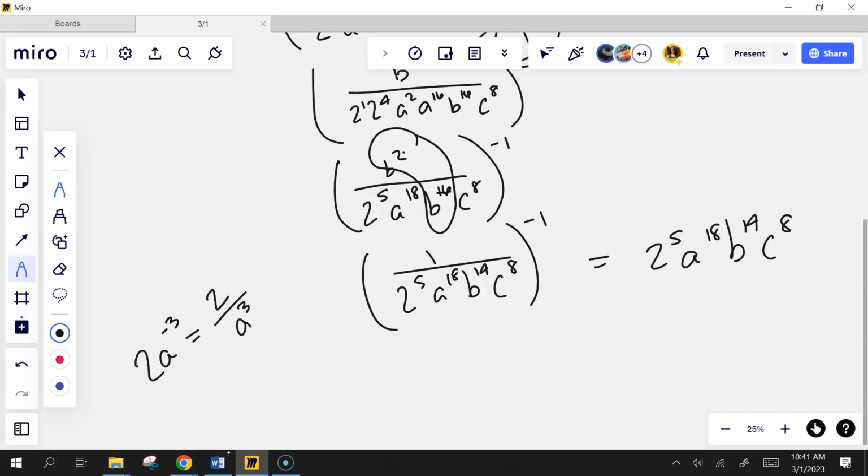If the negative is on the bottom, then you move it to the top. Yes, that's right. I didn't do that for like half of the whole thing. So if it was this, that would be a cubed over 2. The number in front doesn't move with it. Yes.